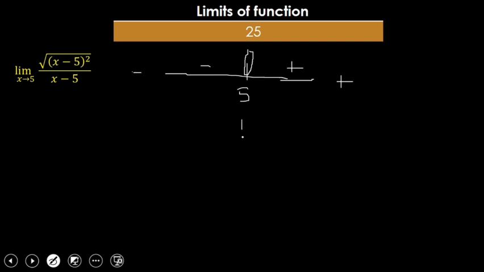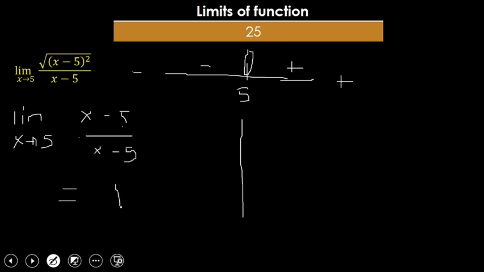We take the positive part of it: the limit as x tends to 5 of x minus 5, since it's the magnitude, all over x minus 5. The answer will be equal to 1.